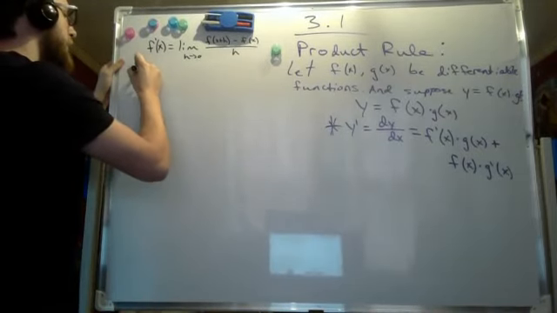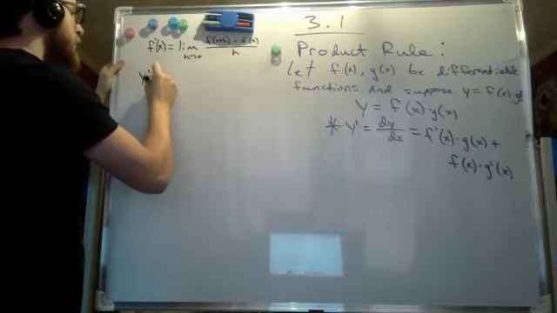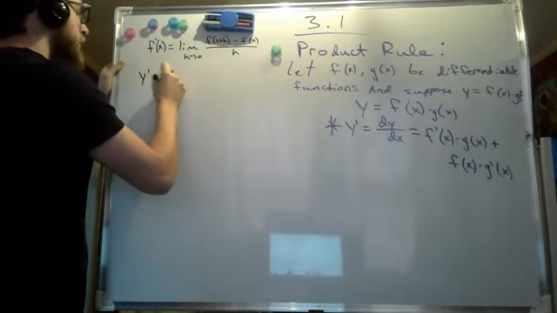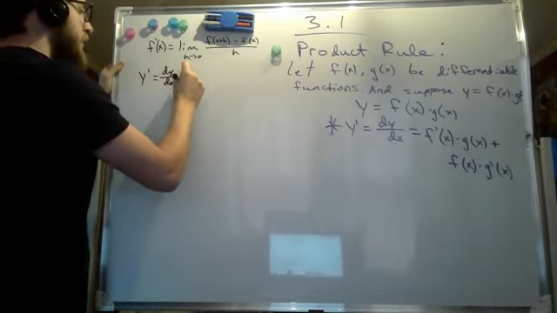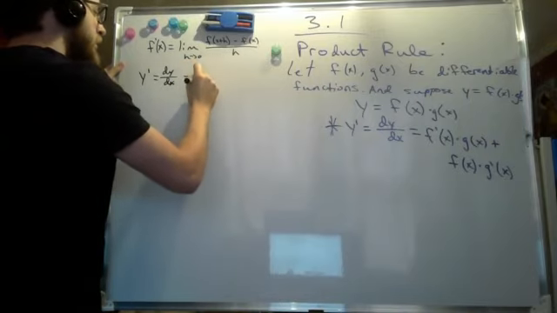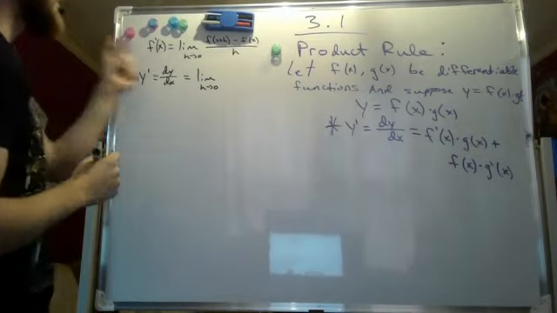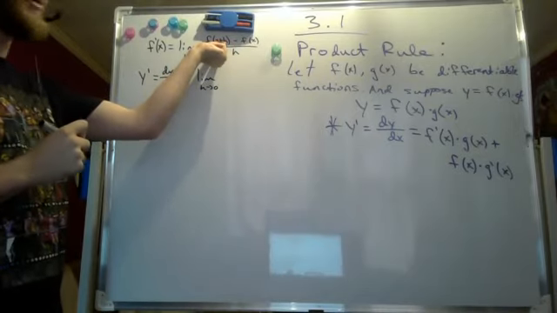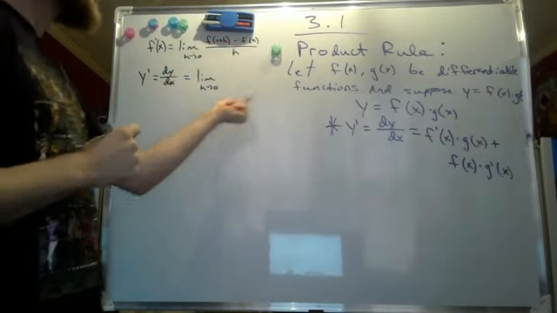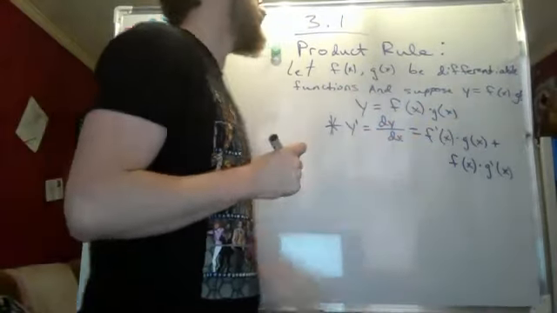So, y prime, which is equal to dy dx, is equal to the limit as h goes to 0. Now, the first step, we just take x plus h and plug it in for the function. So that's what we're going to do here, except we have two functions.